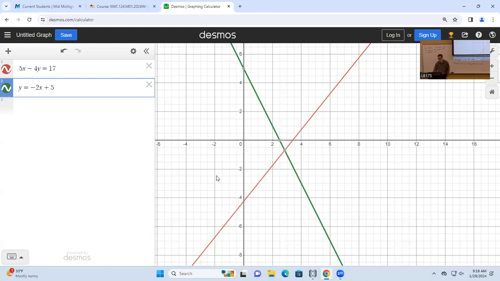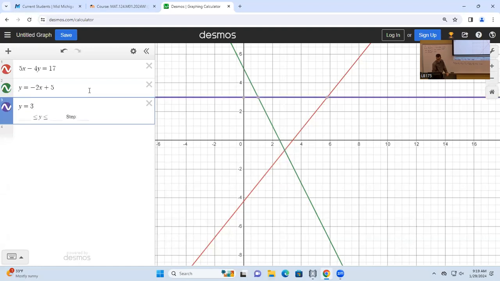So we can see that obviously some linear equations yield lines that are increasing, some yield lines that are decreasing. You could also have a constant line, which is just straight horizontal. All right, that's a special line. In fact, you get that by just having y equals, let's say 3.